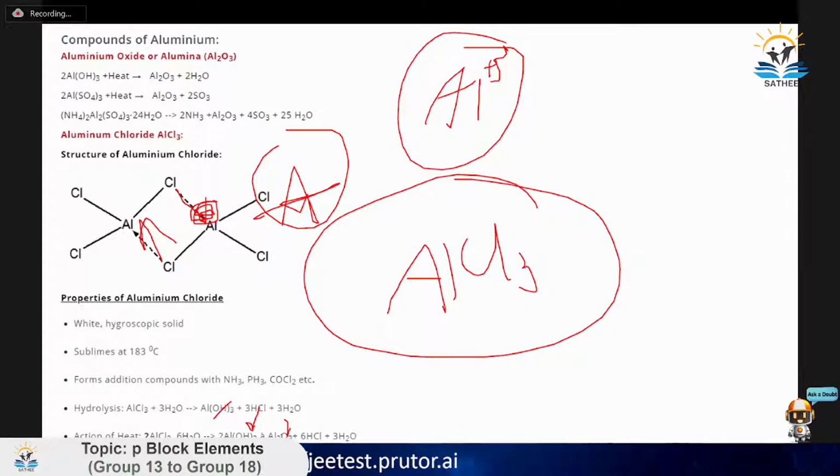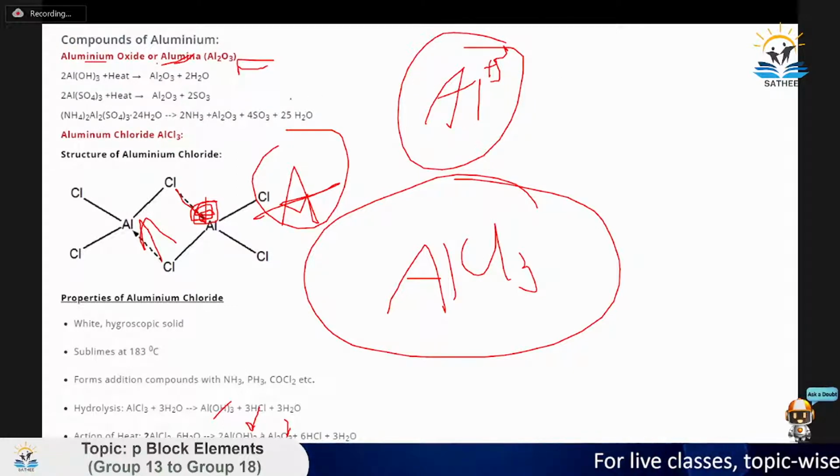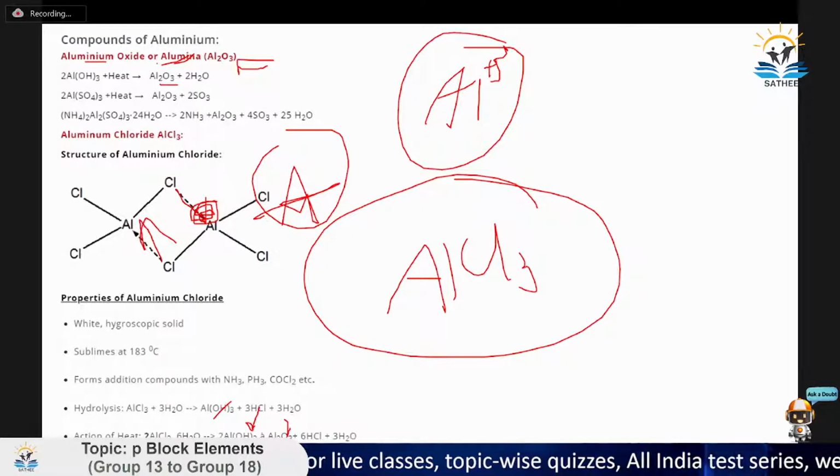Al2O3, right? Talking about Al2O3, this is Al2O3. Al2O3 is aluminium oxide or alumina, and we have seen it in a lot of other chapters, right? So how do you prepare it? You just heat Al(OH)3 and you'll get Al2O3.